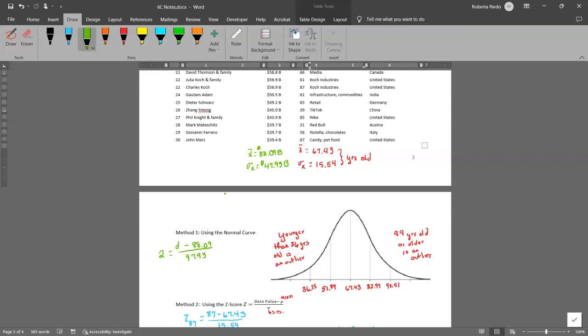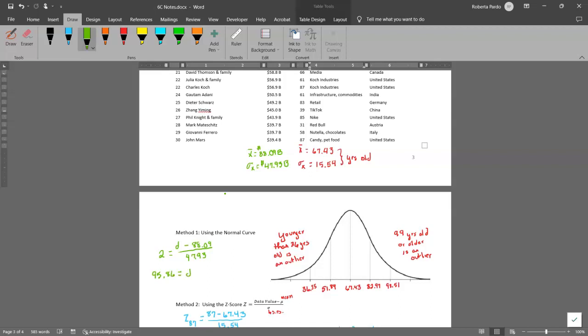The first thing I need to do is get rid of the division, so I multiply 47.93 times 2, which is 95.86.